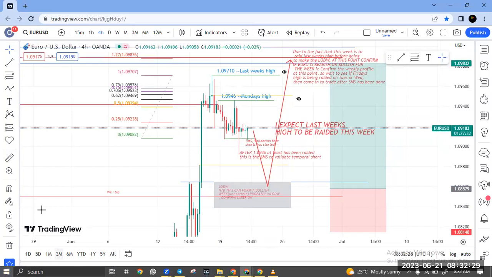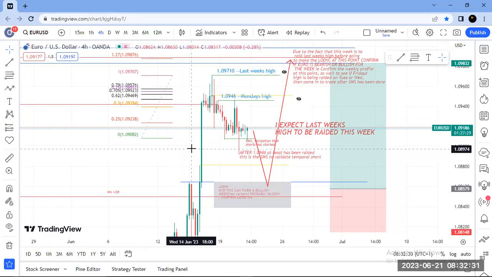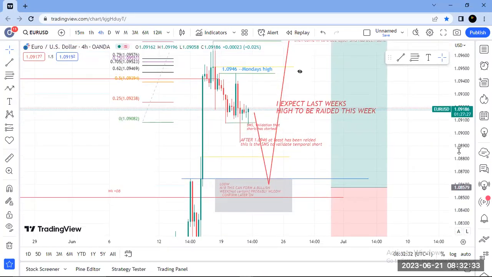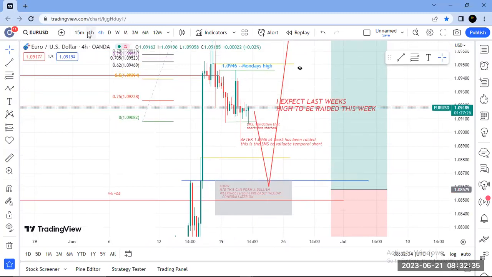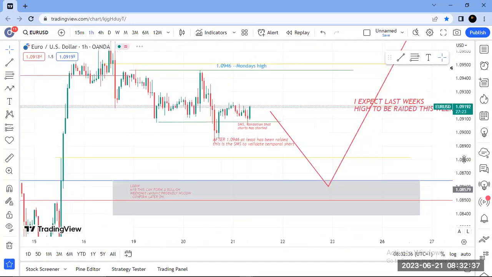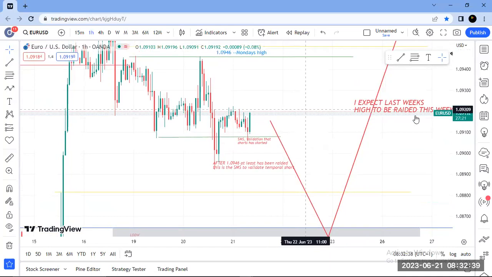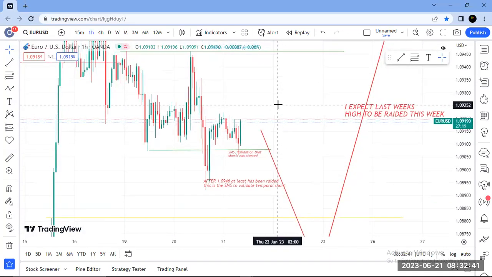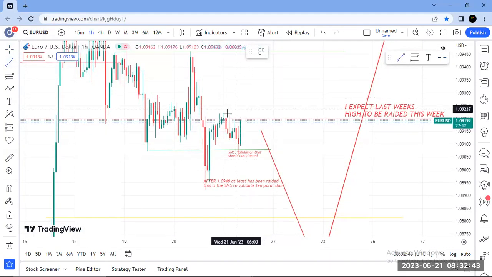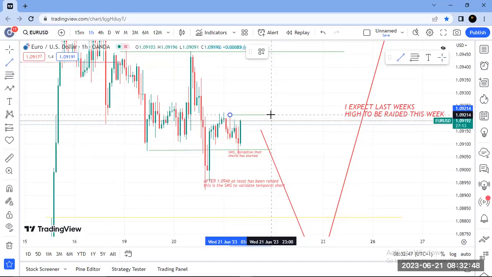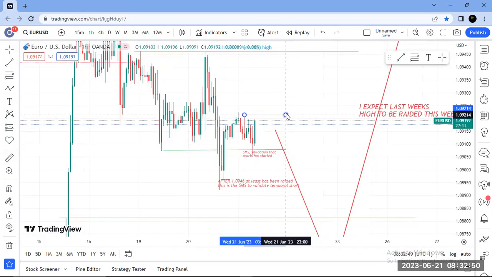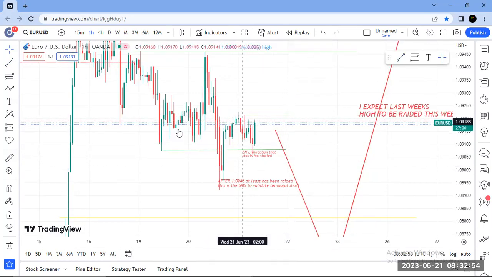So this is what I expect for the euro. Whatever it's doing now, you can understand the quest for liquidity: the Asian high is here. It can look at that one as a quest for liquidity before it goes and takes this previous daily low.